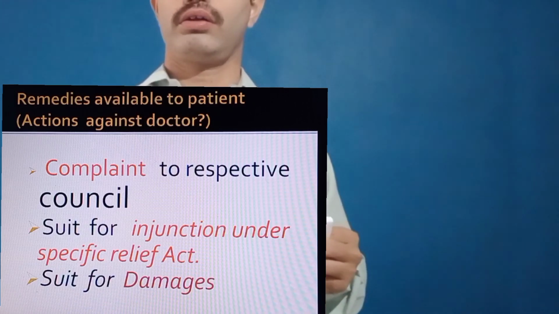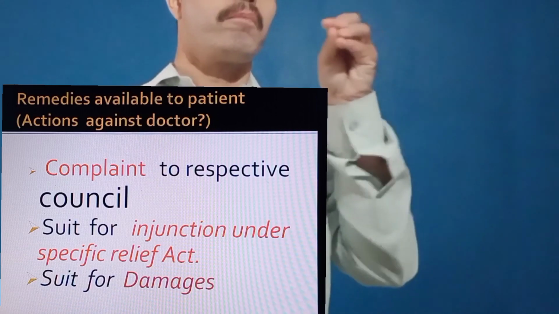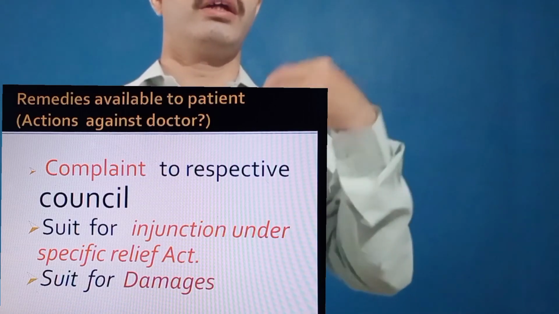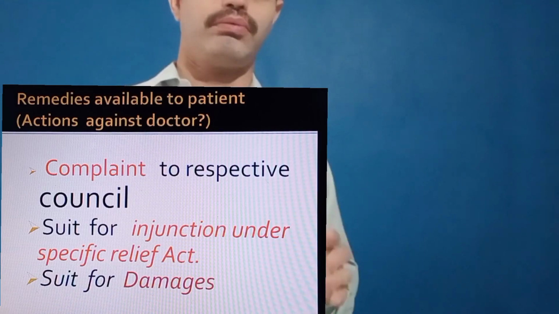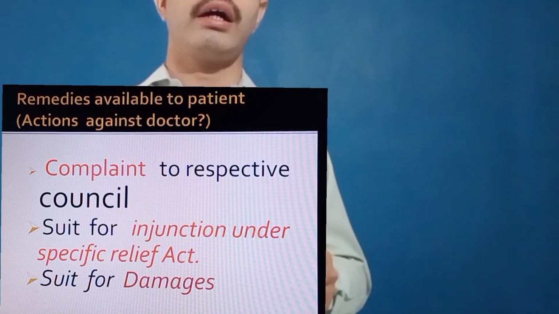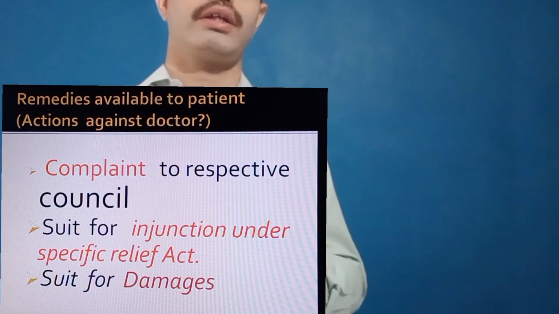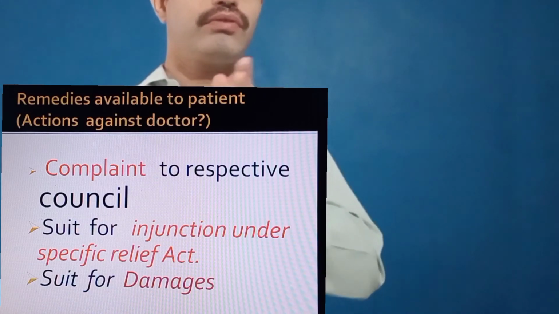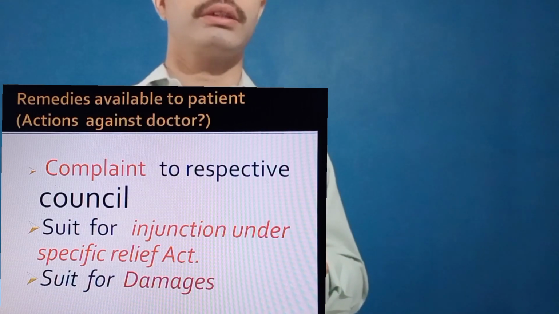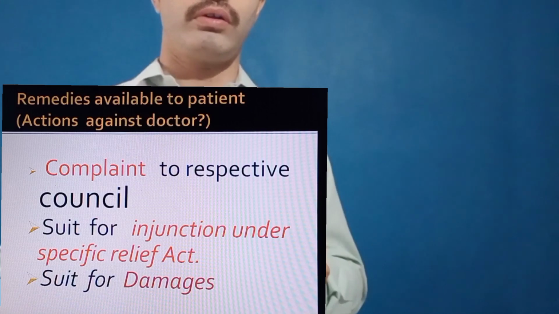So the doctor can be sued by the patient for the damages caused by revealing the information without the consent of the patient. So these are some actions which can be taken against the doctor, or the remedies available to the patient against the doctor, if the patient's information has been revealed without consent and without the exceptions which we have just discussed.